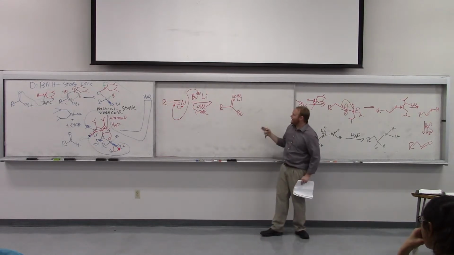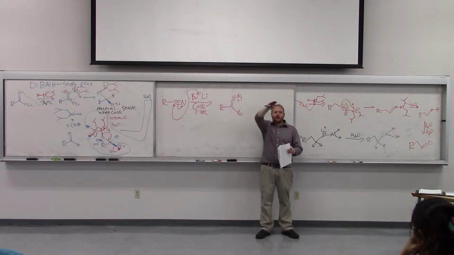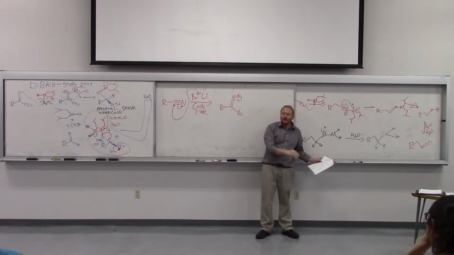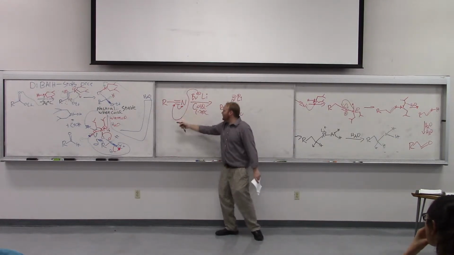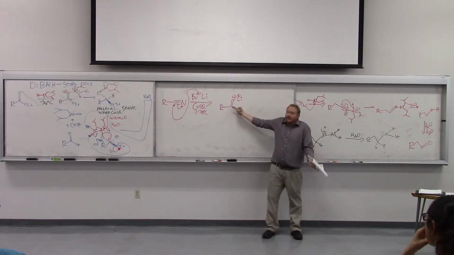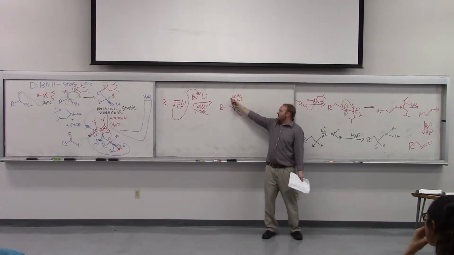In an ester, the ester can just kick off the OR group, giving us an aldehyde, which is further added to by a Grignard. In this case, there's no leaving group. And so when the nucleophile adds once, it gives you this intermediate that's not going to be reactive because it's got this minus charge on this nitrogen.